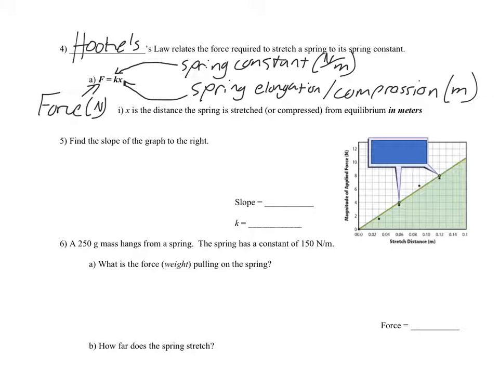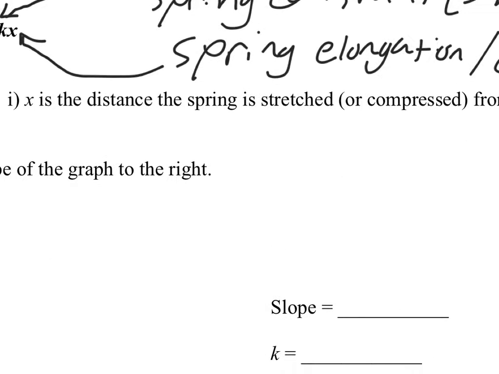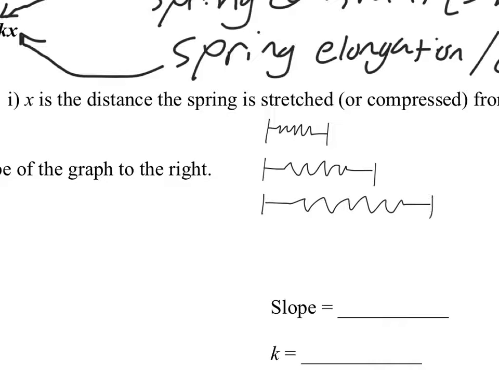So just to draw a little picture of what that looks like. So if this is my spring and its regular length, and this is my spring up here when it's compressed, and this down here is when it's stretched out, the value of x is how far it stretches from equilibrium.